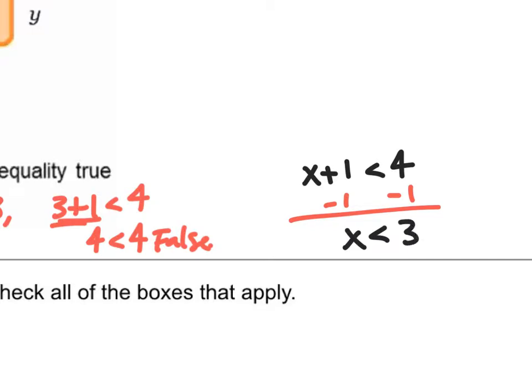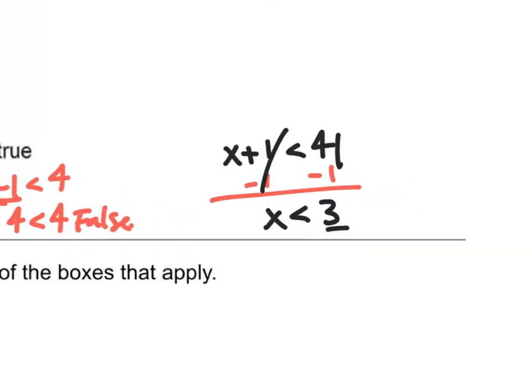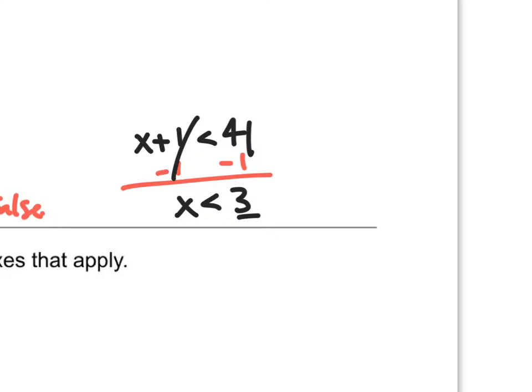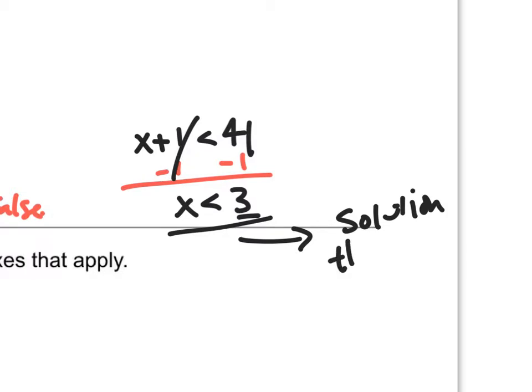The 1 and the negative 1 go away, and 4 minus 1 gives me 3. So the only values that would make this inequality true are numbers that are smaller than 3. So here's my inequality, and my solution is numbers smaller than 3.